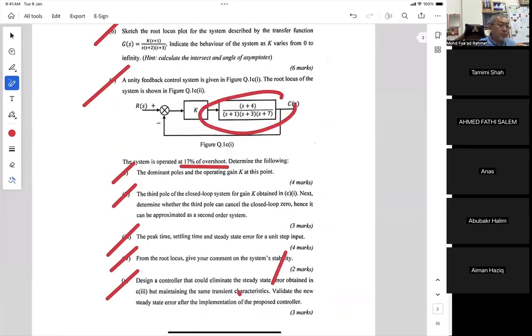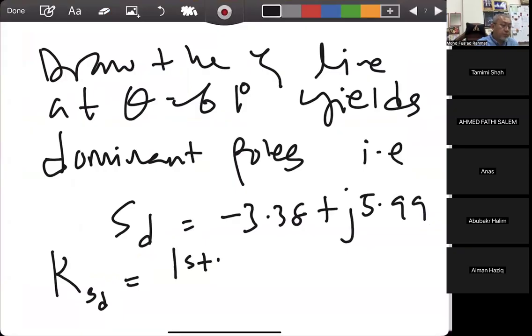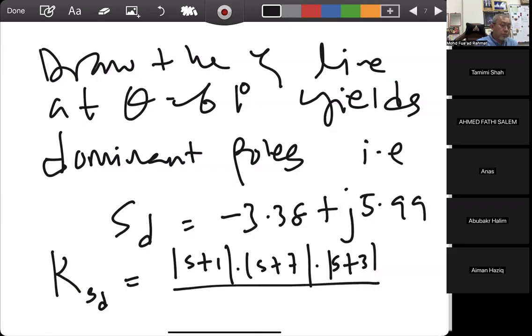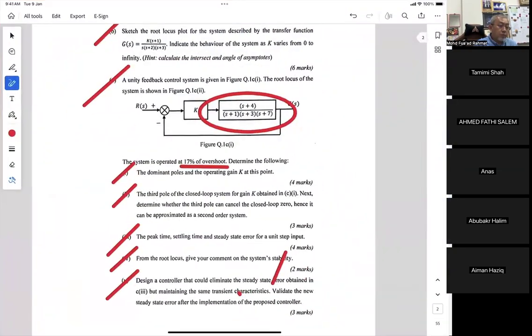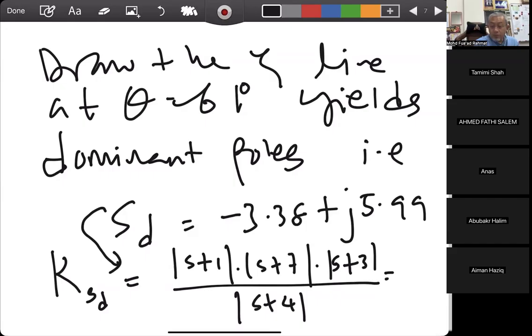This is the open loop, so S+1, S+3, S+7, S+4. Okay, so you insert S inside here, so you will get the value more or less about 45. Okay.